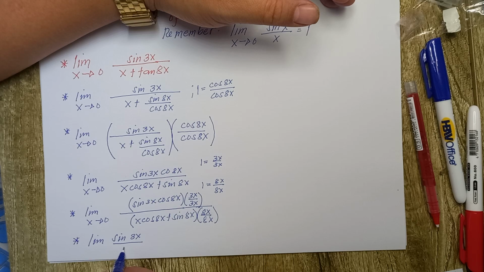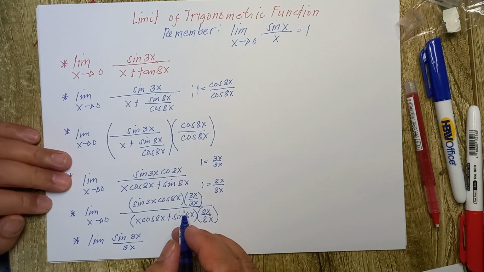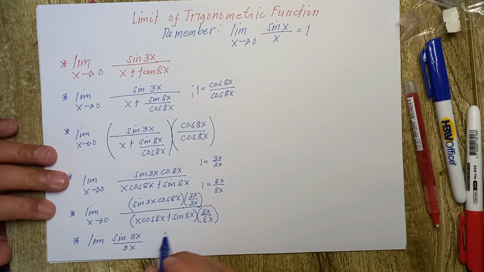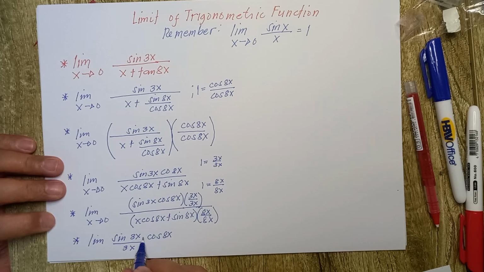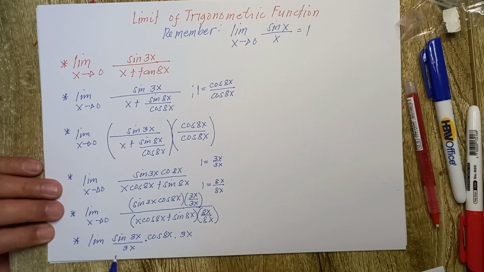So it will give you that is the same as 3x. Now, of course, cosine 8x. Notice that this one remains. Still multiplication, so that is the same as 3x.